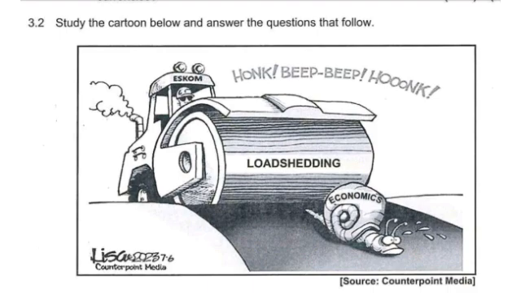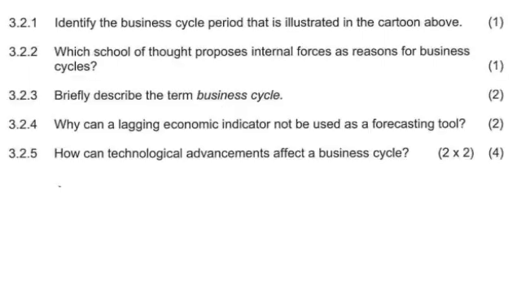And so now you are seeing that if it's crashing the economy, then you know which period of the business cycle you are in, which is relevant for 3.2.1, that says identify the business cycle period that is illustrated in the cartoon above. So our economy is going to go down because of the effects of the load shedding, and that puts us in a recession period.